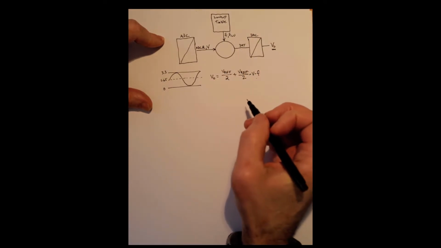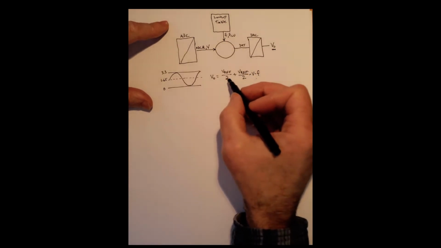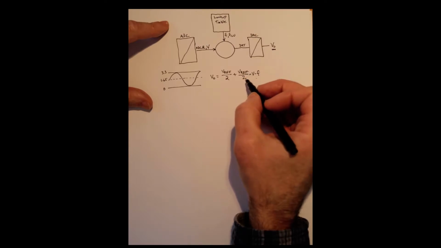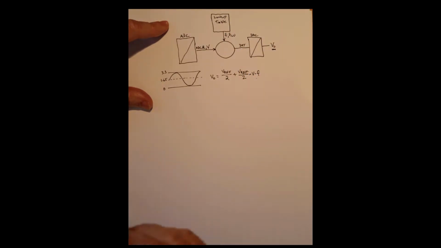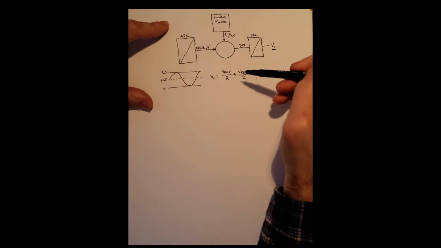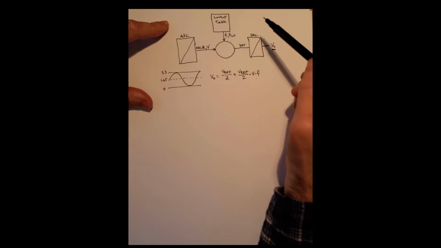In the last lab, you combined this DC offset with the AC value in the lookup table, most likely. Maybe some of you didn't. But most likely you combined the DC offset and the function in the lookup table.